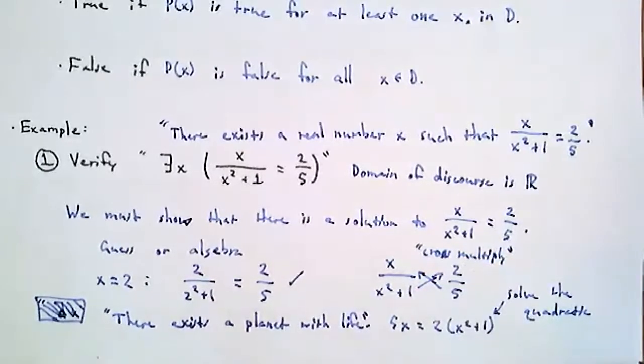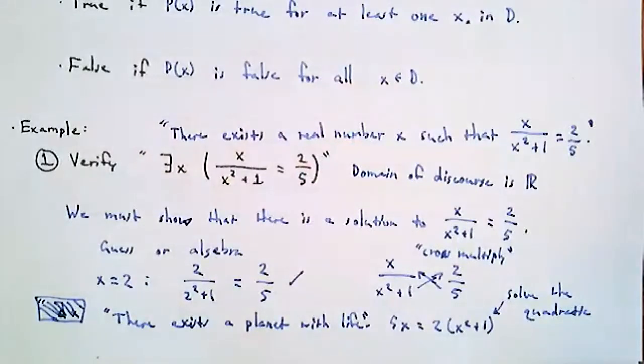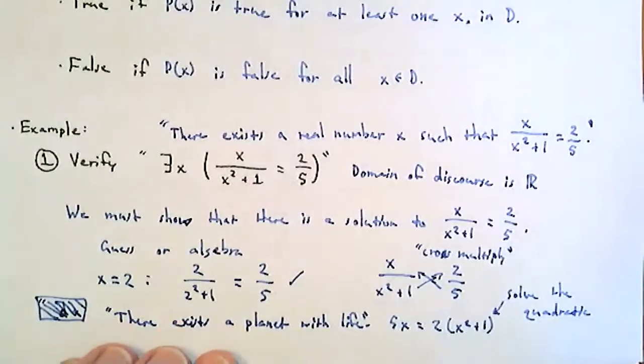Okay, so this is an example of something that's not really math. It just says that there exists a planet with life, and we know that this is true because, well, we live on a planet and we're alive. So you don't actually have to solve anything for that one. Any other questions before I flip over to the next page?